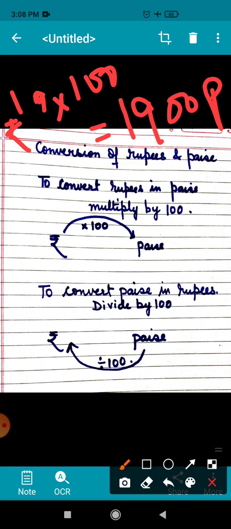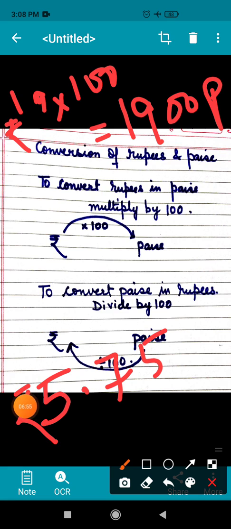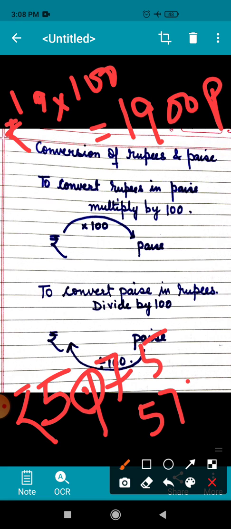If rupees and paisa are written together, suppose 5 rupees 75 paisa and you want to convert this into paisa, then what you will do? You will remove this dot and the answer will be 575 paisa. Children, hope you all are getting it.